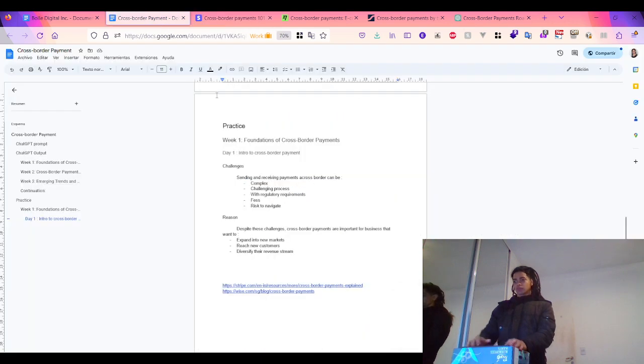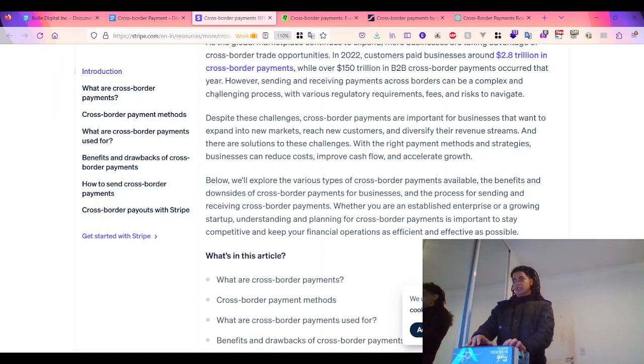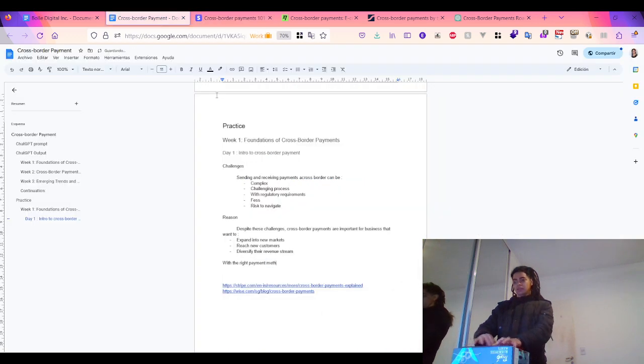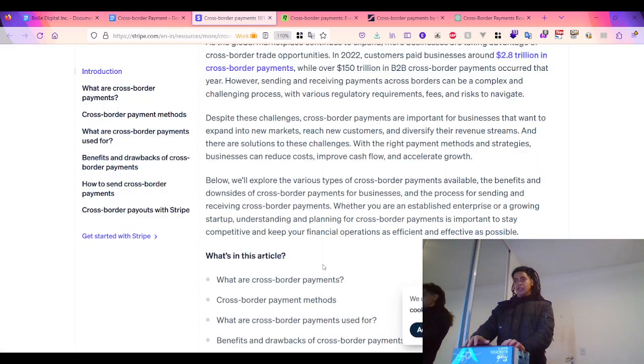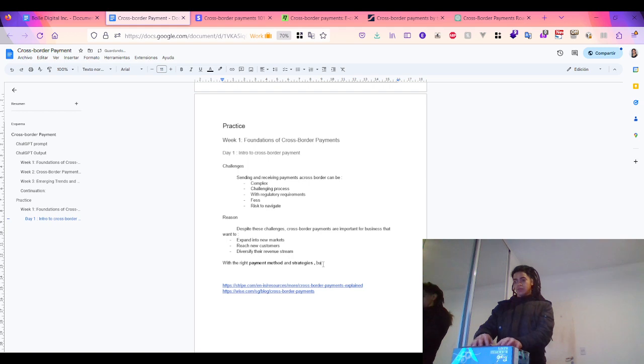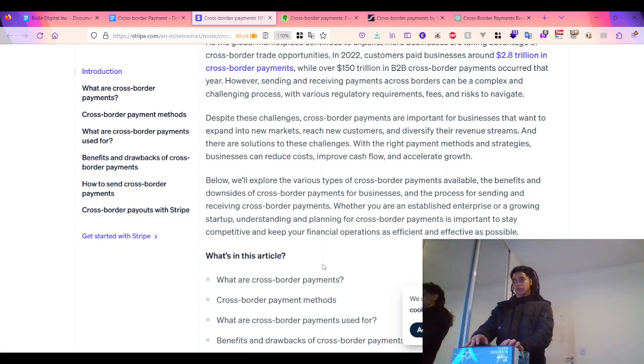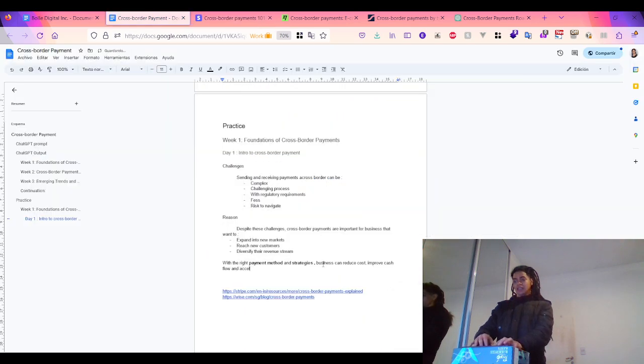So with the right payment method and strategies, which is something important here, businesses can reduce costs, improve cash flow, and accelerate growth.